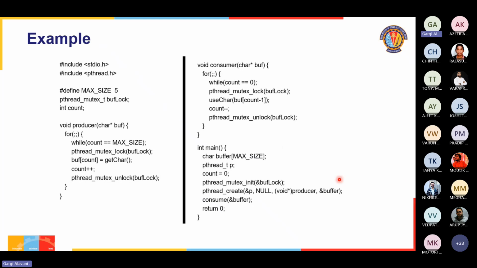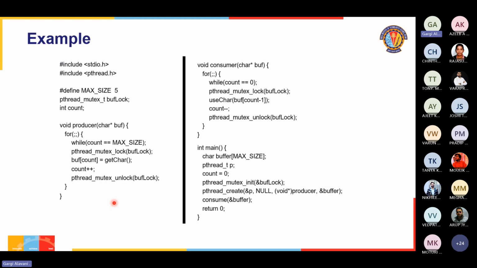This is a classic producer consumer program where the producer is trying to add elements to the buffer and the consumer is trying to consume these added elements in this buffer. In this example, the buffer becomes a critical variable because at one time either the producer should have access to this buffer or the consumer.